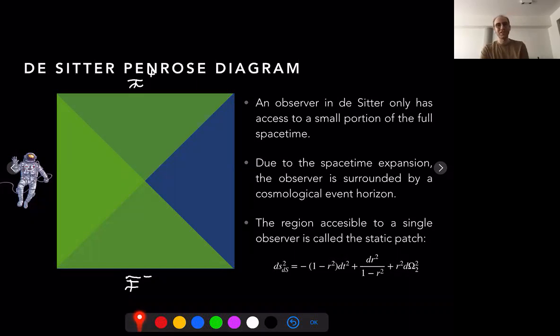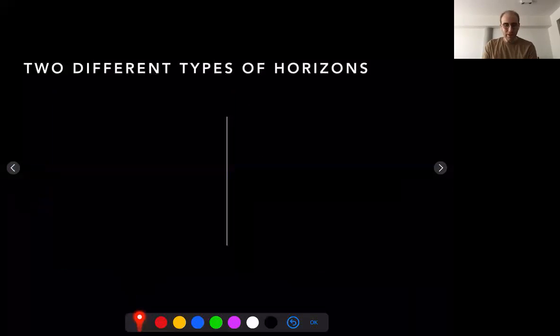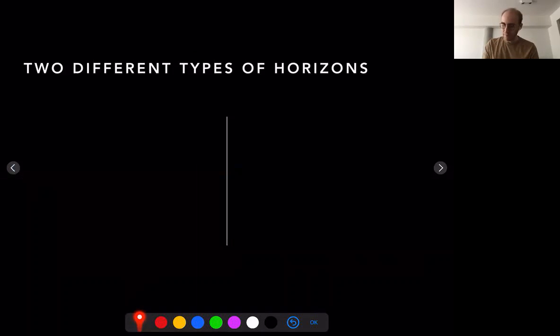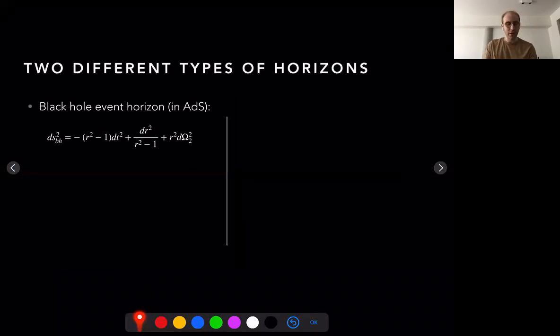So this is kind of the difference between the black hole and the de Sitter horizon, and this simple minus sign will bring lots of problems. So let's compare a little bit these two things. On one hand, we have this black hole metric in AdS.